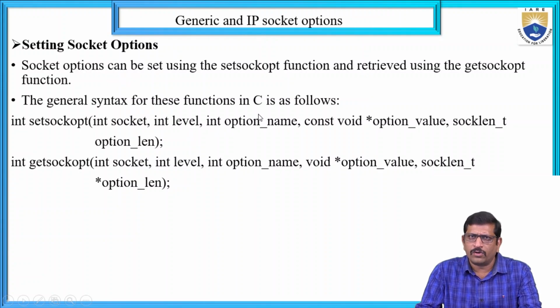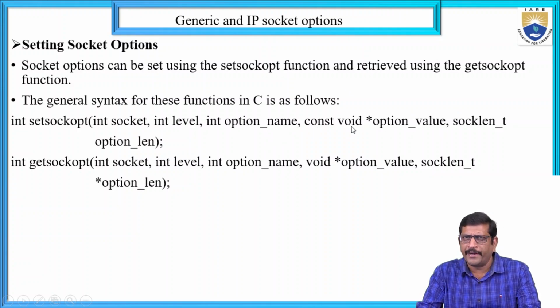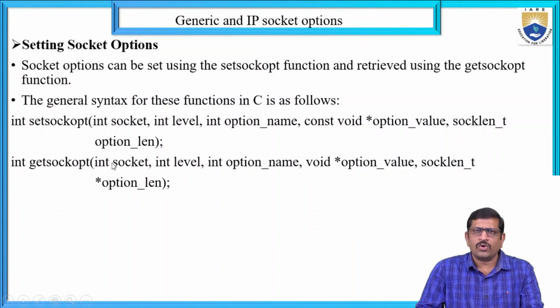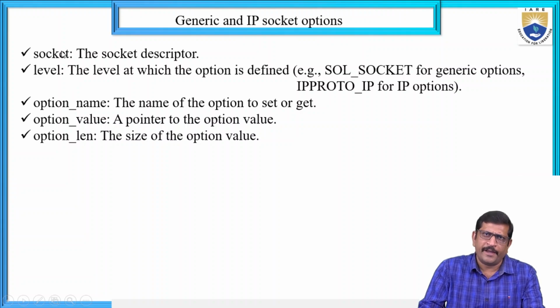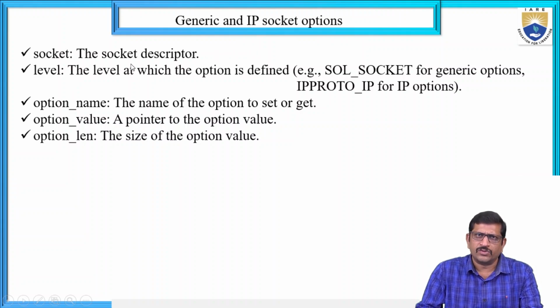The general syntax for these functions in C language: int setsockopt(int socket, int level, int option_name, const void pointer type, the option value, socklen_t option_length), and int getsockopt(int socket, int level, int option_name, void pointer type, the option value, socklen_t pointer type, the option length). Here socket means the socket descriptor.